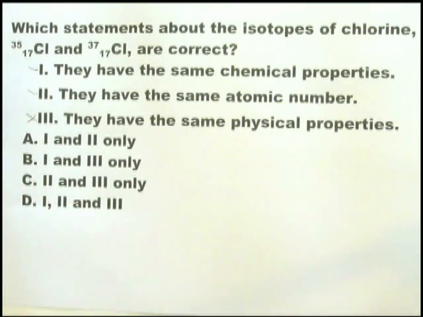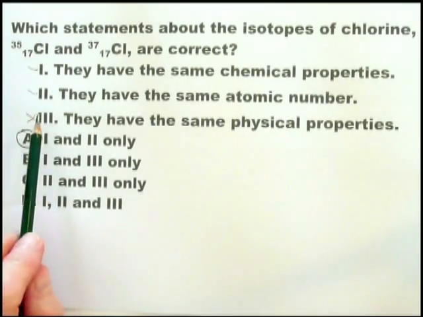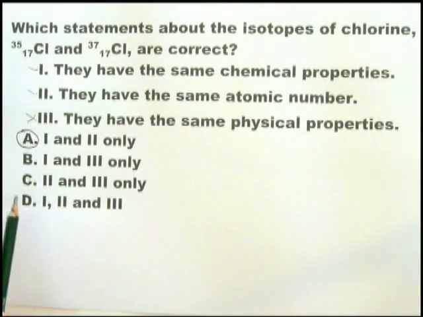The atomic mass of isotopes is different, their density generally is different, and there are various other physical properties in which they differ. So we have 1 and 2 are correct, 1 and 2 only, so you immediately go to A. And the other way of looking at it would be to realize, oh, they do not have the same physical properties, so 3 is wrong, therefore B is out, C is out, and D is out, leaving only A.